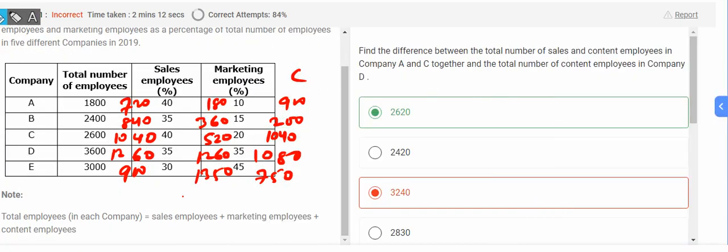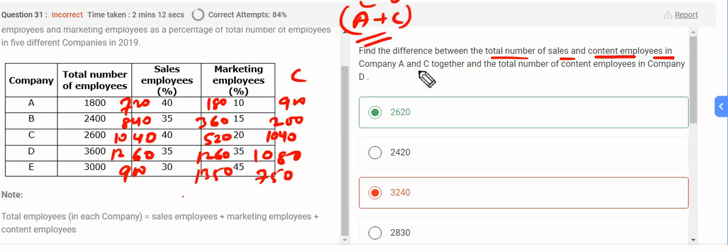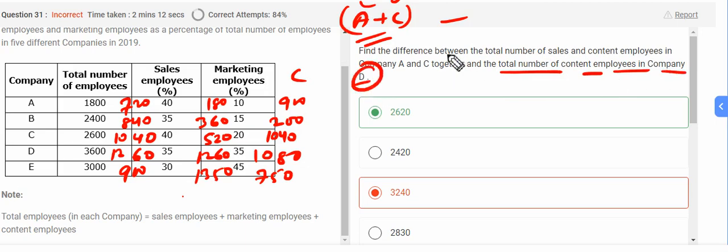It is saying to find the difference between total number of sales and content employees. It means it is asking to add the sales and content employees of companies A and C, minus total number of content employees of company D. Company D is here.